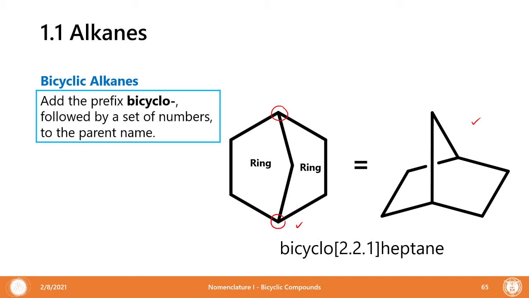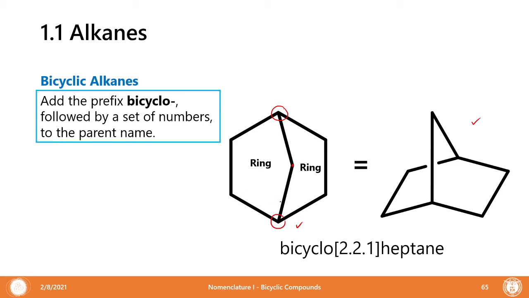When naming these, we consider the total number of carbons. In this case we have 1, 2, 3, 4, 5, 6, 7, heptane, and then we attach the prefix bicyclo to denote that it has 2 rings. So this is a bicyclo compound.